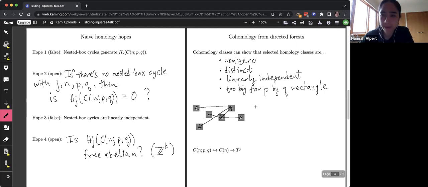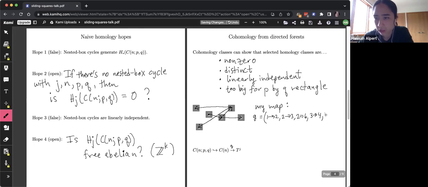So here's my map. Let's call it G. I'm keeping track of the vector from 1 to 2, from 2 to 3, from 2 to 6, from 3 to 4, and from 3 to 5.